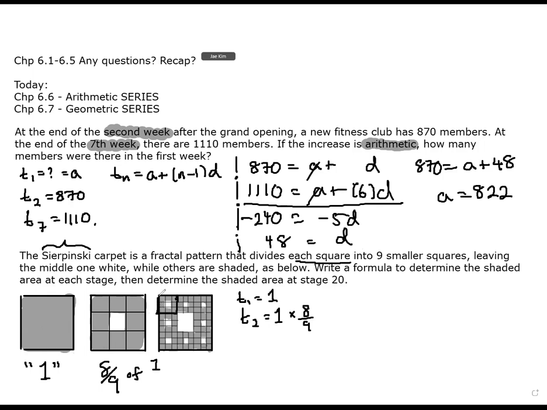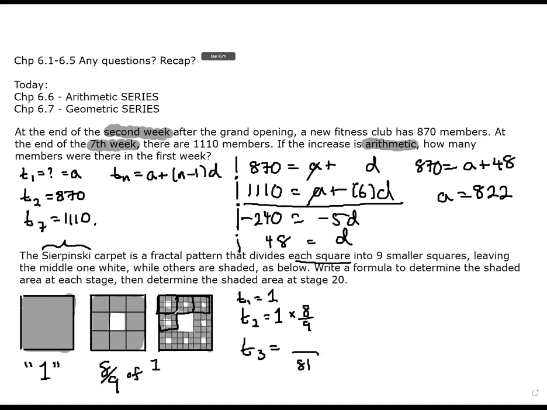So this square, 1/9 of it, is cut into 9 pieces, and 8/9 of it is shaded. 8/9 of this is shaded, 8/9 of this is shaded, so on and so forth. You can try to count all the different small squares, which is going to be annoying. 9 squares, 9 squares, 9 squares. You have 81 small squares.